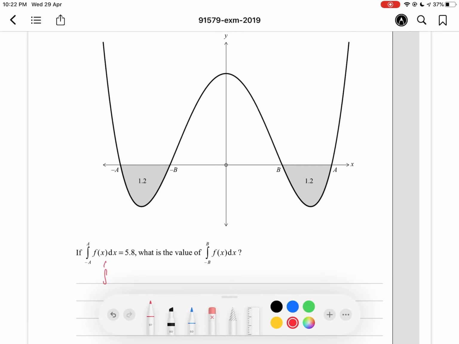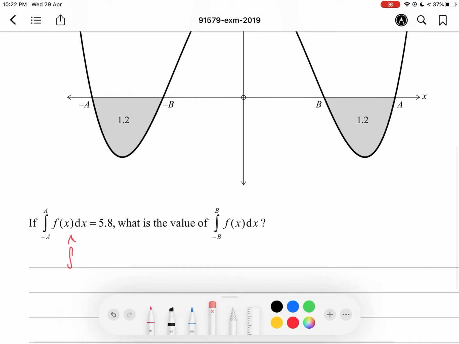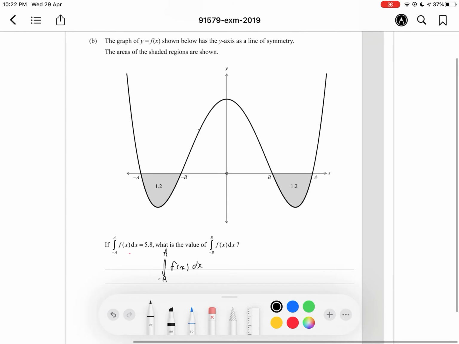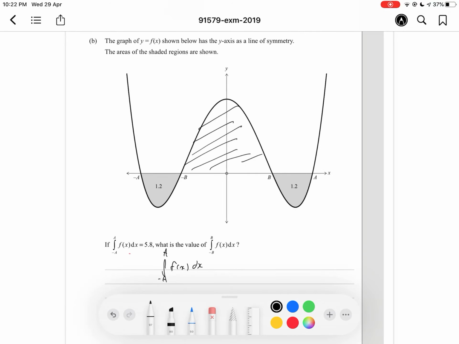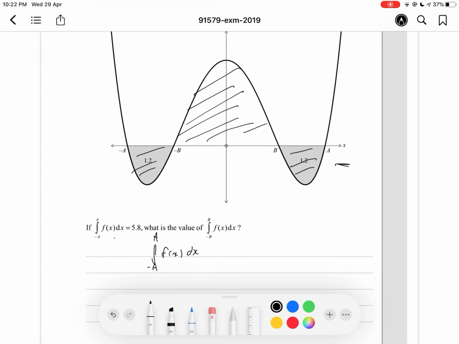Alright, so this definite integral actually calculates the sum of this area and these two areas. However, any area below the x-axis is counted as negative, okay?